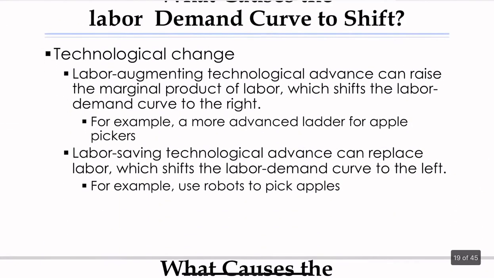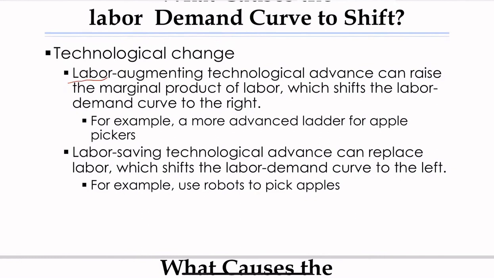Okay. The second reason is about technology change. The effect of technology change on the firm's demand curve is actually ambiguous because there could be two kinds of technologies, right? So the first is called labor augmenting technology. This kind of technology basically increases the productivity of workers.